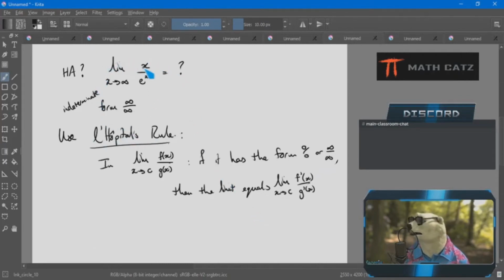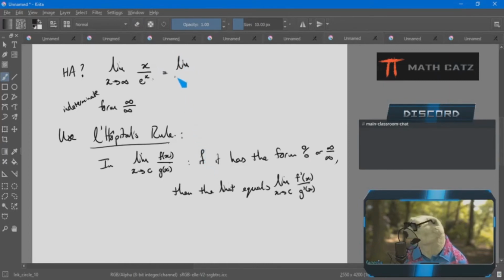And I have a ratio, numerator over denominator here. So I have a fraction situation. I've identified the form as one of the indeterminate forms, so L'Hopital's rule can be used. It can only be used in these situations.